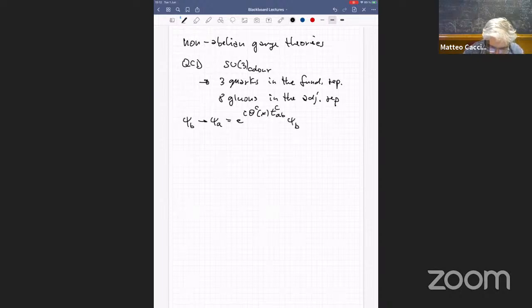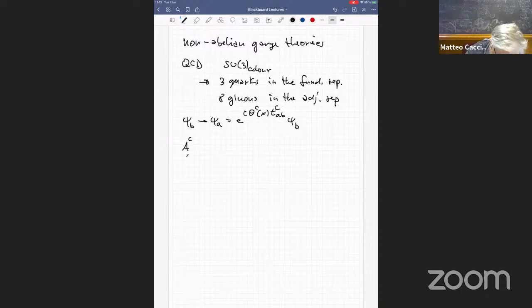Now, this is a generalization of the usual local phase. I say local because this theta here depends on the space-time point x. And you see that this is a generalization of what you find in QED, because there is also this new term here, which is called a generator of the SU3 group. And in QED, it's essentially unity.